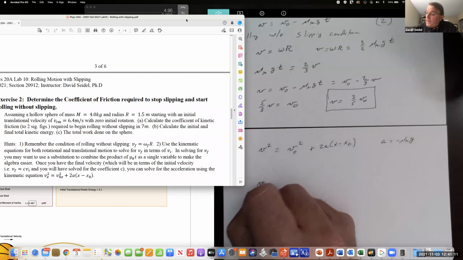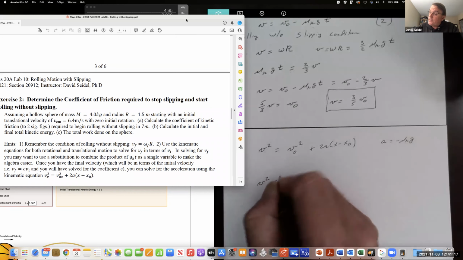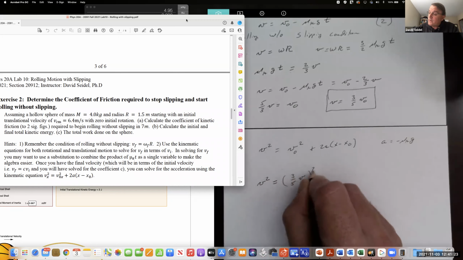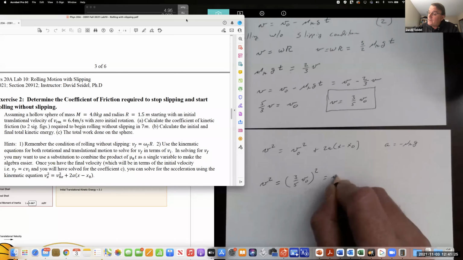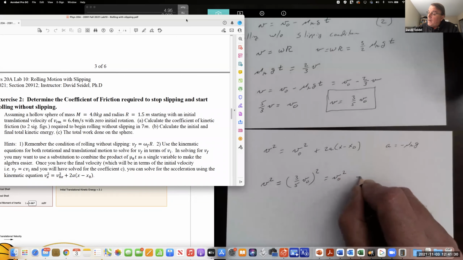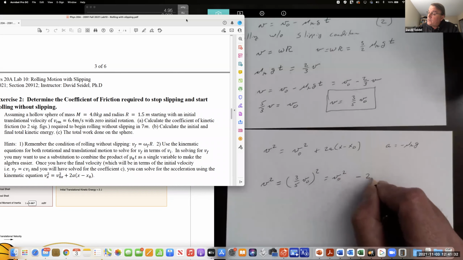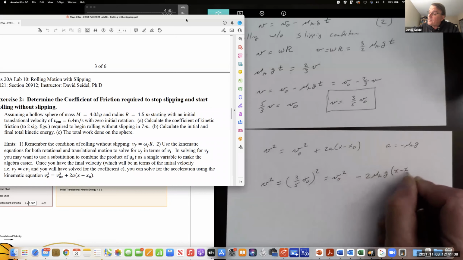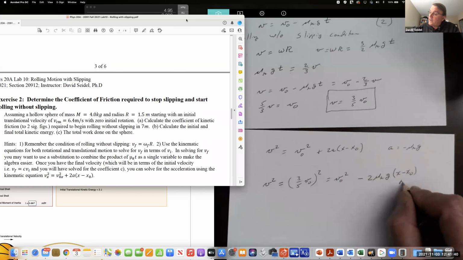So V squared is equal to 3/5 V0 squared equals V0 squared minus 2 mu K g times x minus x0, or that's just delta x.